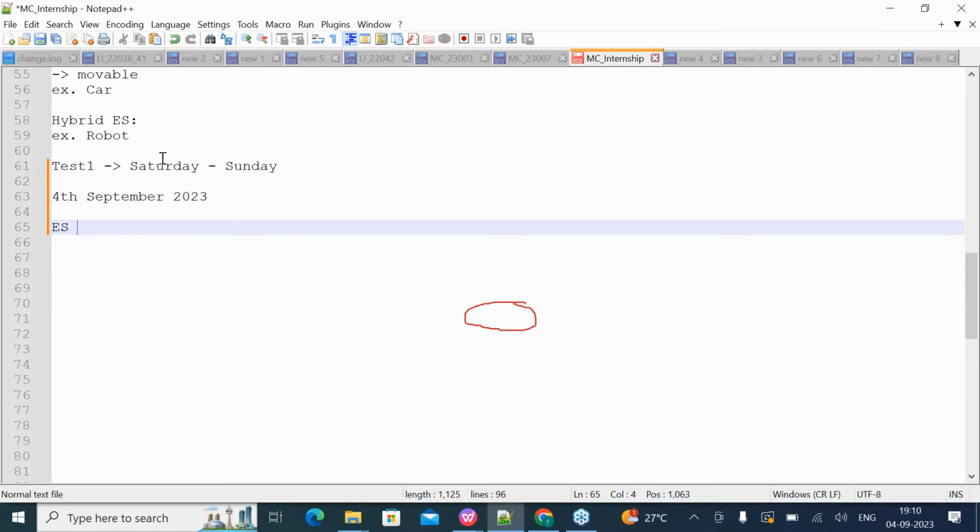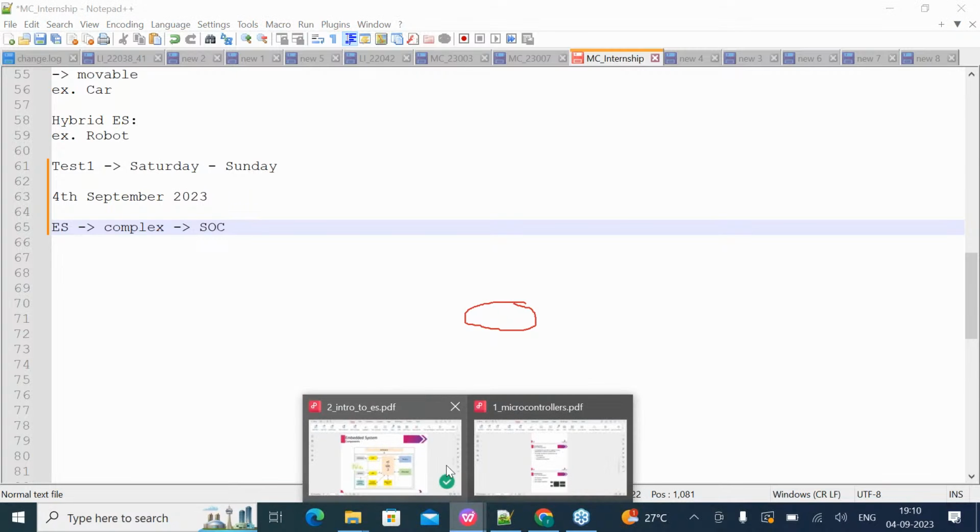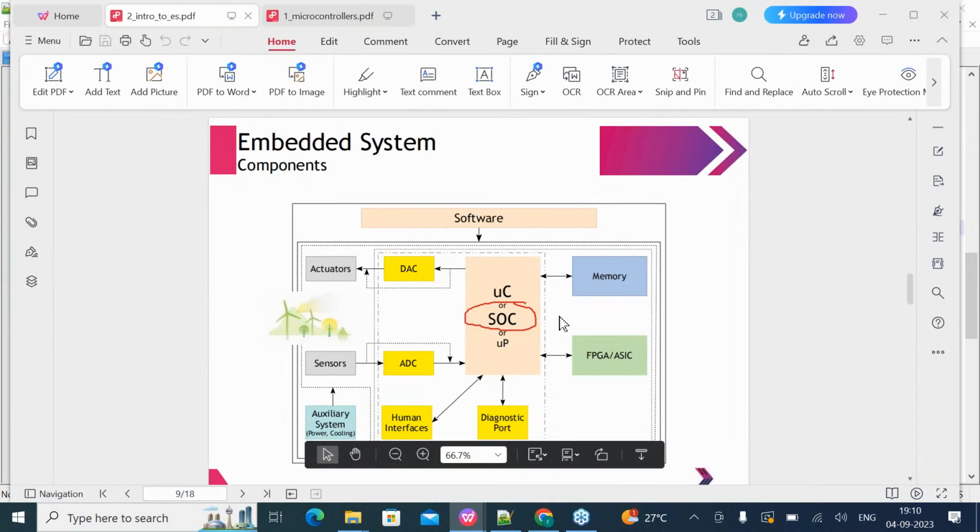Then it's not possible to go ahead with a single microcontroller, and that time you may need an SoC, system on chip. Yes, you may need more than one microcontroller. An SoC has multiple microcontrollers in it. So as the task becomes complex, you can go with the SoC. That's why SoC is also included in the components of an embedded system.